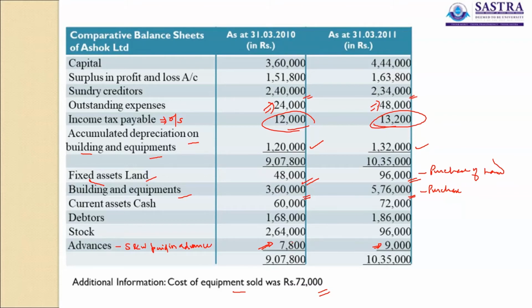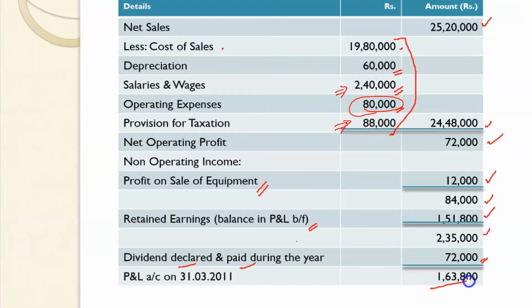Now let us move on to the calculation. So here it is given that the amount of depreciation claimed for the year is 60,000. So working note number 1, calculation of cash from sale of equipment.